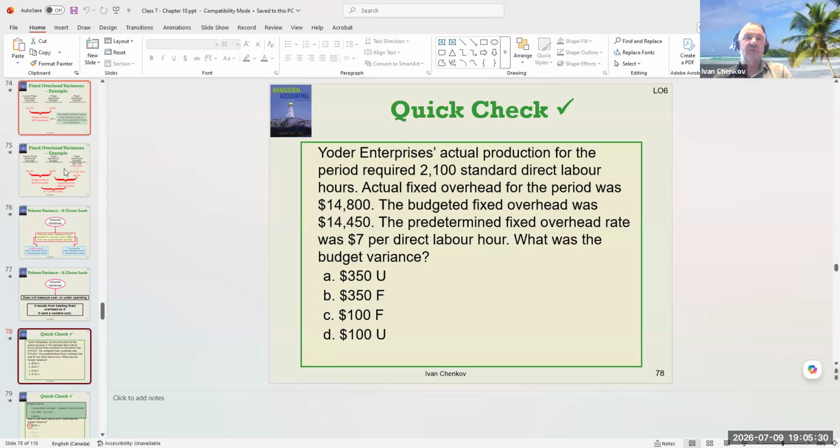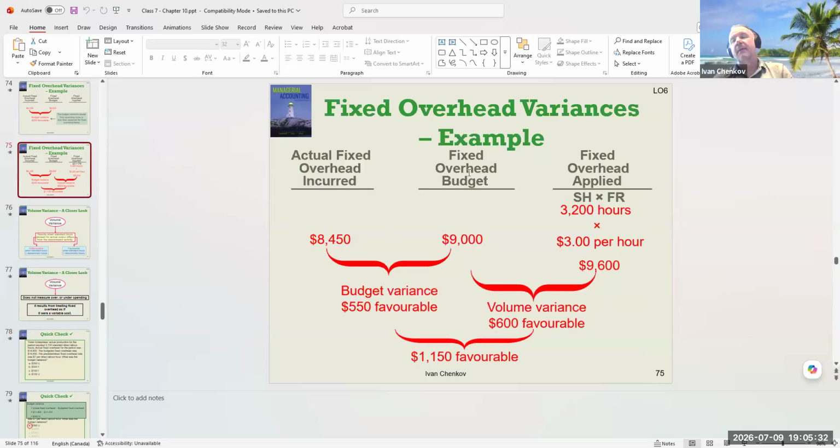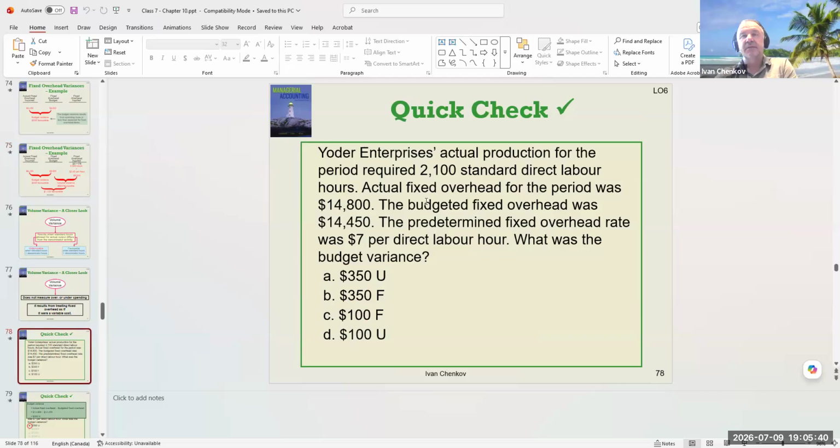Now the budget variance, don't forget, is the difference between the fixed overhead budget and the actual overhead. As we can see, the actual overhead was 14,800, but the budget fixed overhead was 14,450.